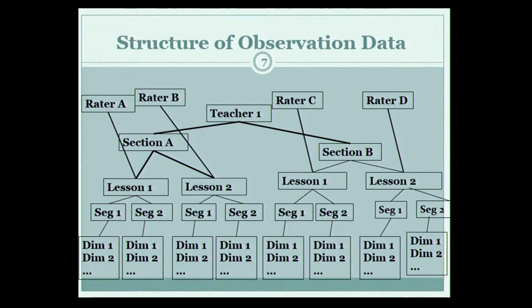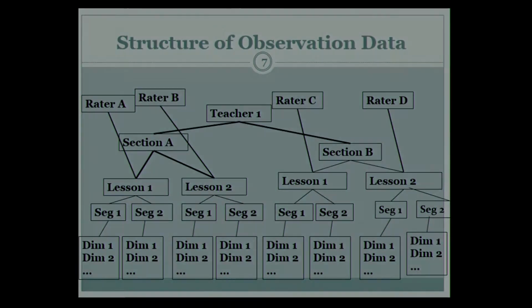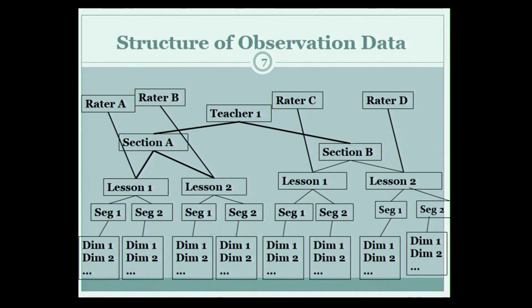And so lessons are actually cross-classified by sections as well as raters. This adds a lot of complexity into the data set and into how we might think about addressing some of these sources of construct-irrelevant variation, which we'll talk more about in a minute. It's useful for me to map these out ahead of time because it helps structure my thinking in ways that can address the important features of these observation systems. Without doing something like this, it's tough for me to grasp what it might look like and what things I need to attend to.